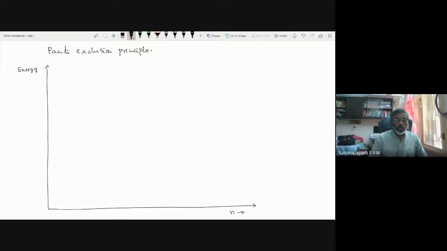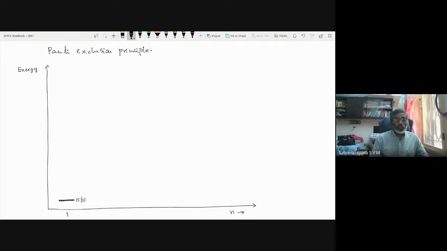Let us draw a line like this. This is n equal to 1. For reasons that you will shortly know, there will be two electrons in this. Of course, because of the Pauli exclusion principle, there will be two electrons in this. And we call this the 1s orbital, 1s, and there will be 2 electrons.